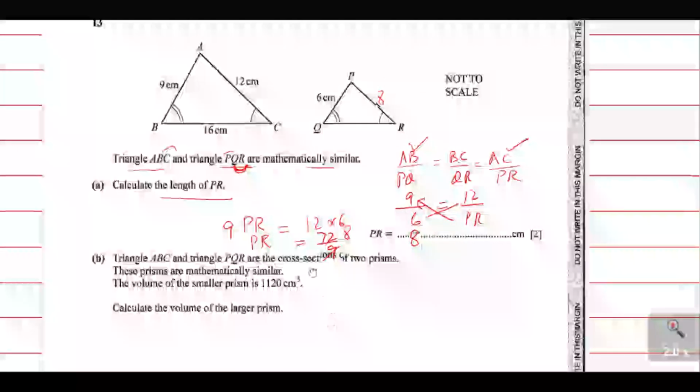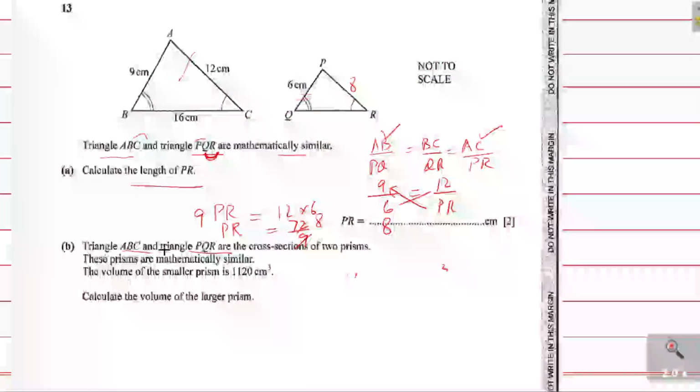And next, part B. Question 13, part B. Triangle ABC and triangle PQR are cross sections of two prisms. The prisms are mathematically similar. The volume of the smaller prism is 1120, and calculate the volume of the larger prism. We suppose that the volume of the larger prism is V1, and the volume of the smaller prism is V2.